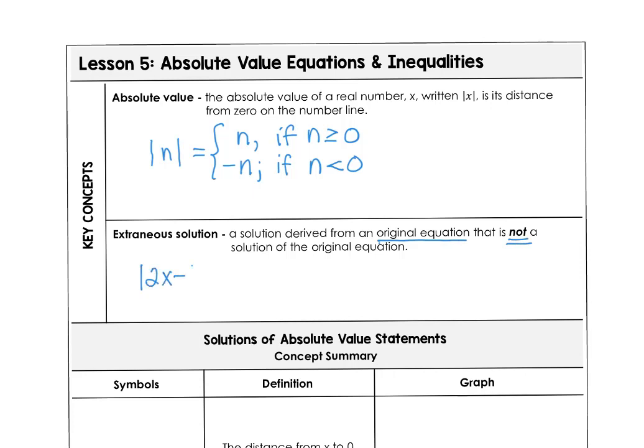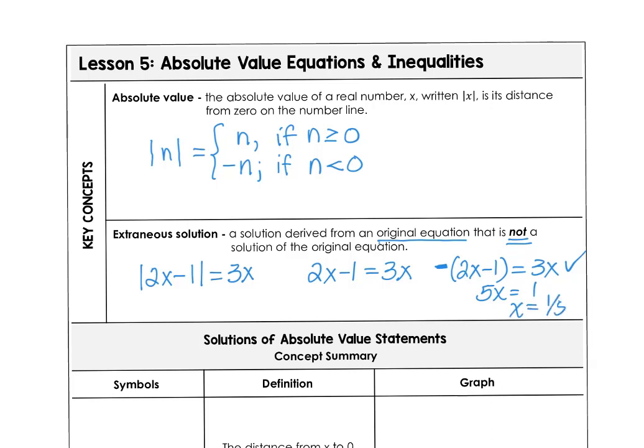If we say the absolute value of 2x minus 1 is 3 times that number, and you take the number 2x minus 1 and solve it for the positive answer, or you take that number 2x minus 1 and solve it for the opposite of that number, this case here will give you 5x equals 1, so x equals 1/5. This is a good answer. But this case here gives you an extraneous solution.